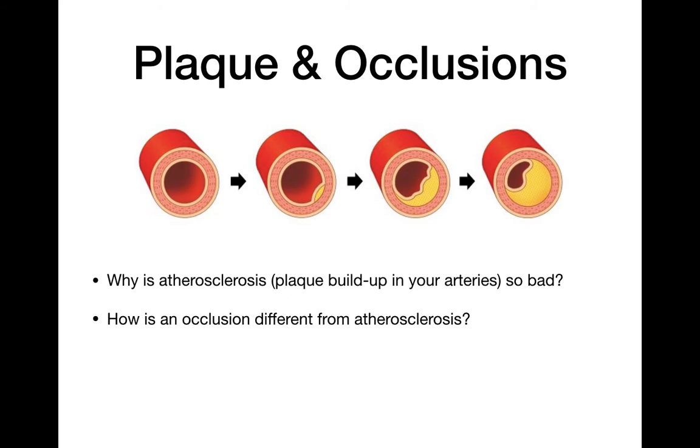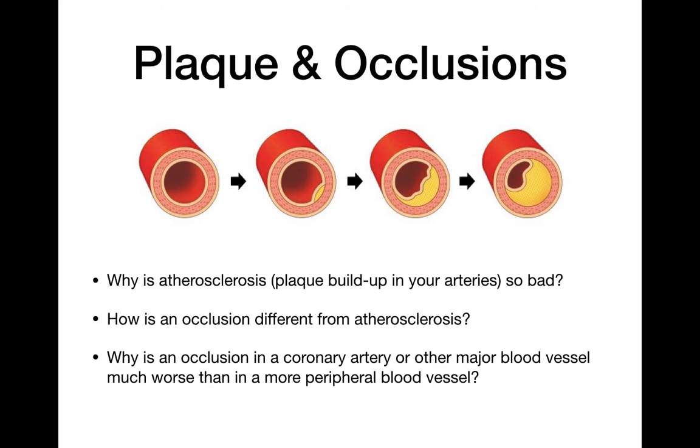Now, an occlusion is just where you have plaque buildup, and they do happen over the course of your life, depending on your diet, exercise, genetic factors, etc. But with the severity of them, so atherosclerosis, we're actually blocking it almost completely. You can get surgery that takes almost like a pipe cleaner and cleans out your blood vessels, but it's high risk, and they only do it when you really, really need it.